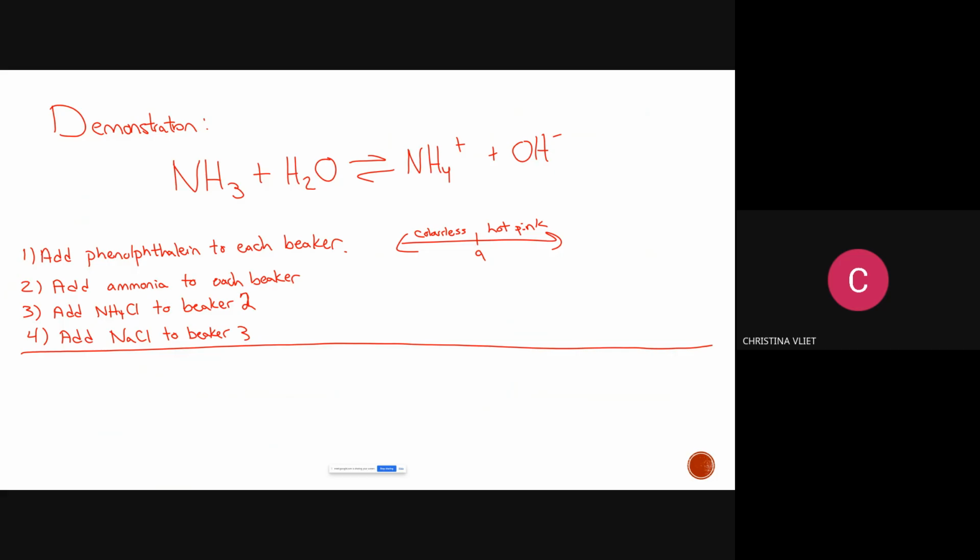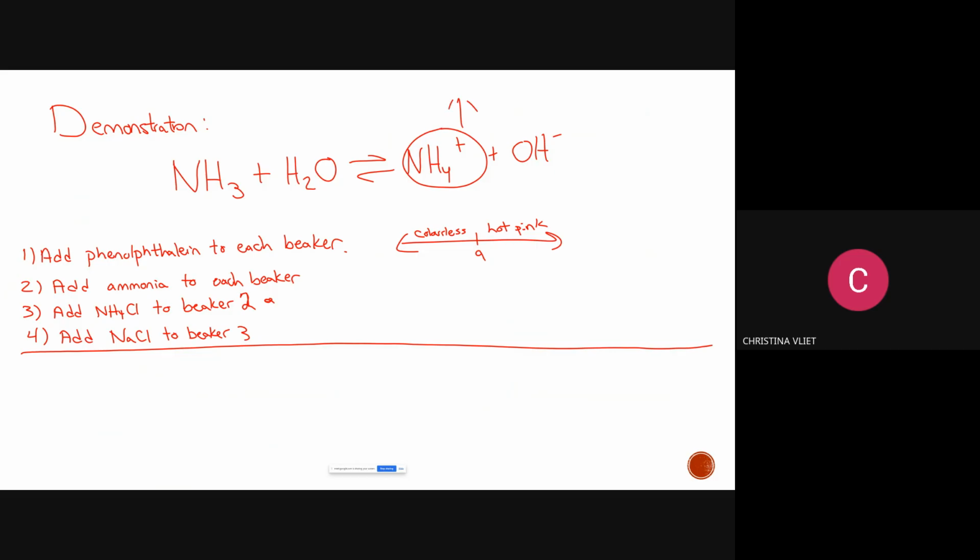Go ahead, Isabella. Maybe the hydrochloric acid and ammonia reacted. Remember, I'm right here, right? I added this common ion. Do you agree? I added this NH4Cl. The chlorine doesn't matter. The NH4+ is part of the reaction. So what happens when I add more of this?